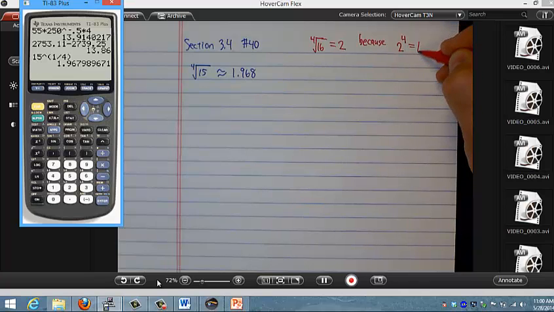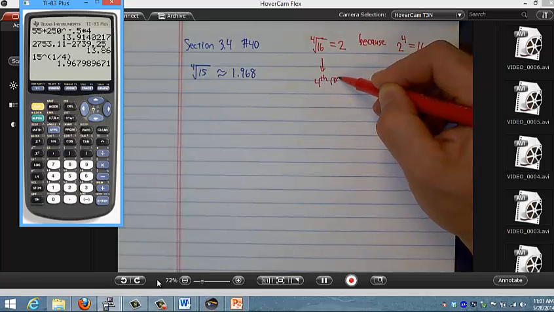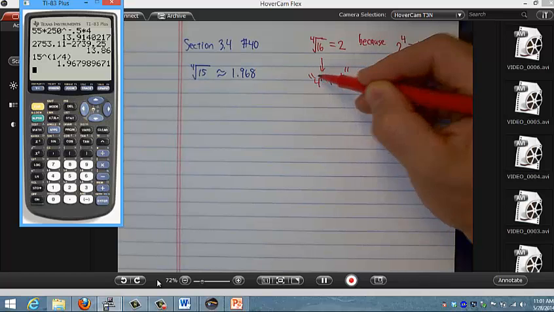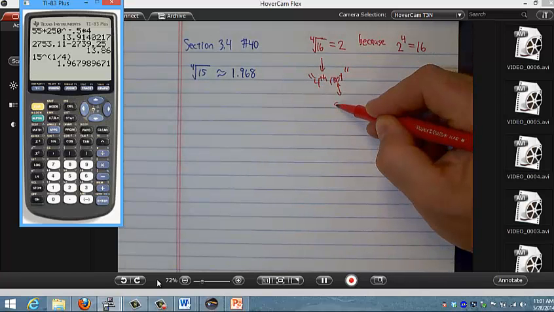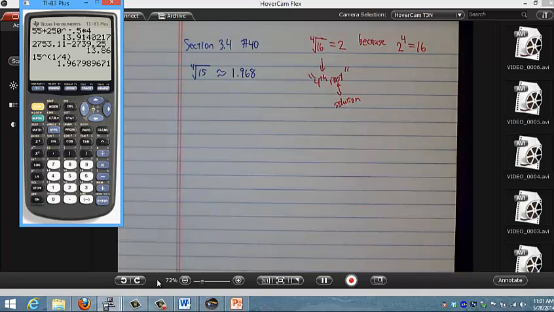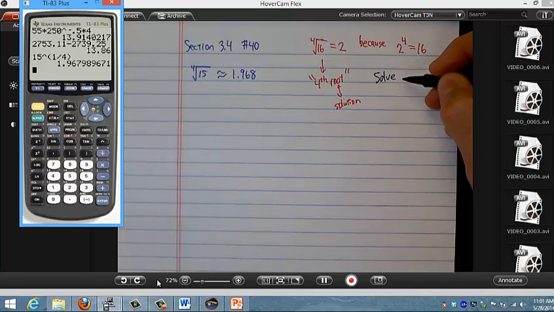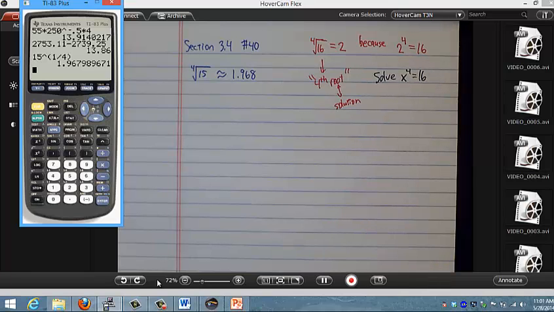See, when you say 4th root in a math class, the word root is synonymous with solution. And so really what you're doing is you are basically solving the equation x to the 4th equals 16. And we know that one answer is 2. That's really what it means. Solve x to the 4th equals 16. You guys with me?